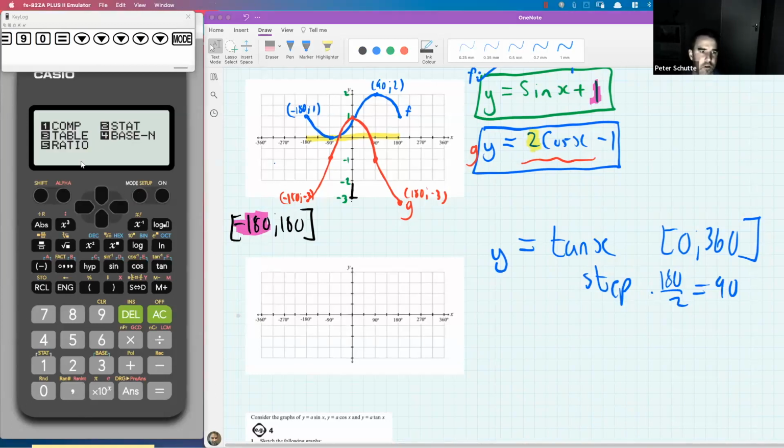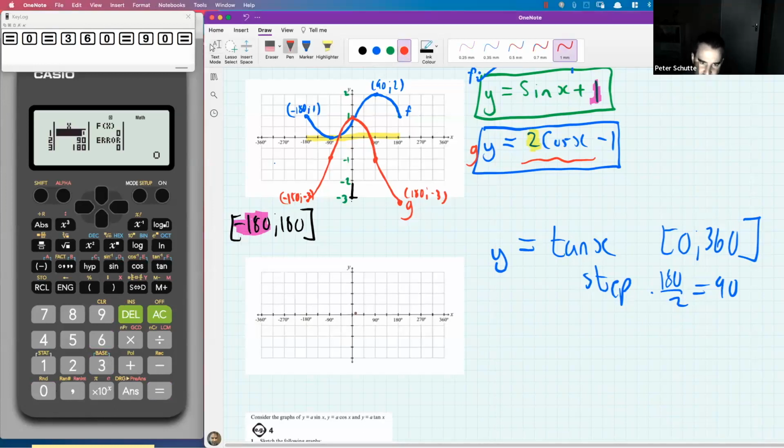The mode. Tan x. Start at 0. Ooh, this is interesting.